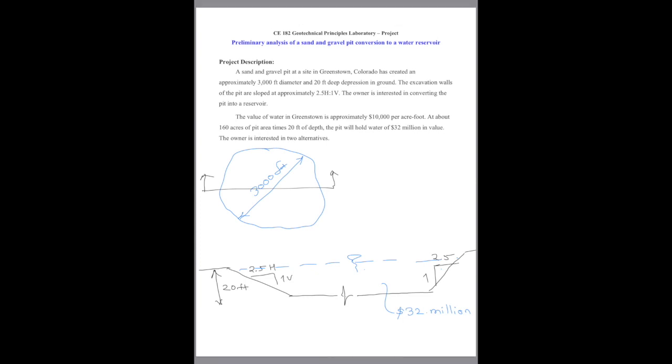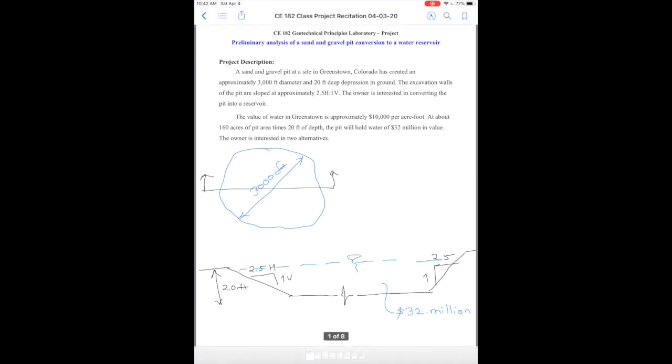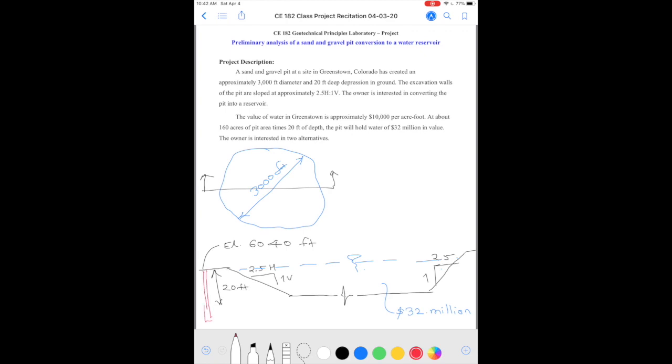So what it's saying is that the elevation at the top of the ground surface is 6040 feet above the mean sea level. So they have a borehole log somewhere on the site, and we have that available for our preliminary analysis.